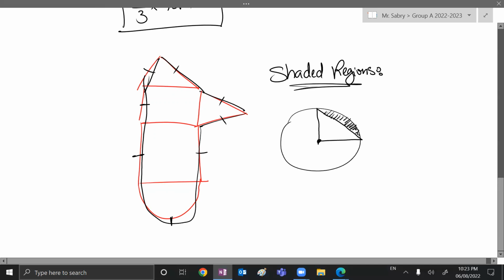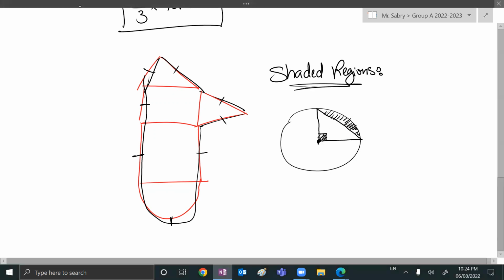You can't really get the area of this shaded region unless you get the area of the whole sector and remove the white part that's not shaded. But instead of looking at it as a whole shape, look at it as a slice of a circle.